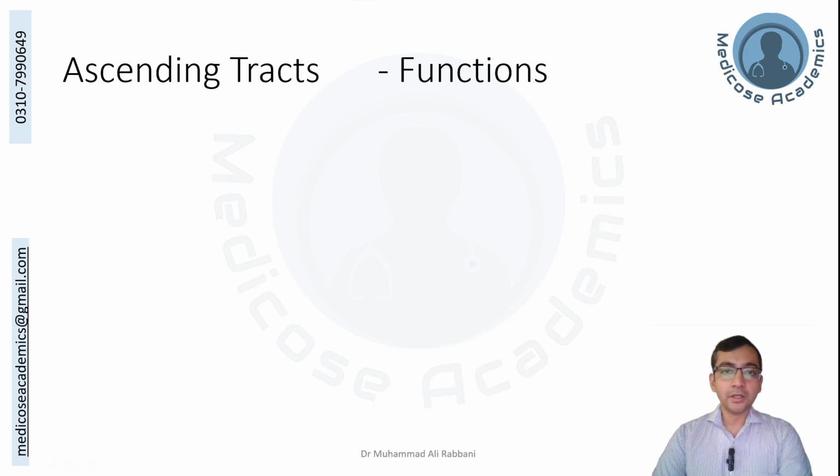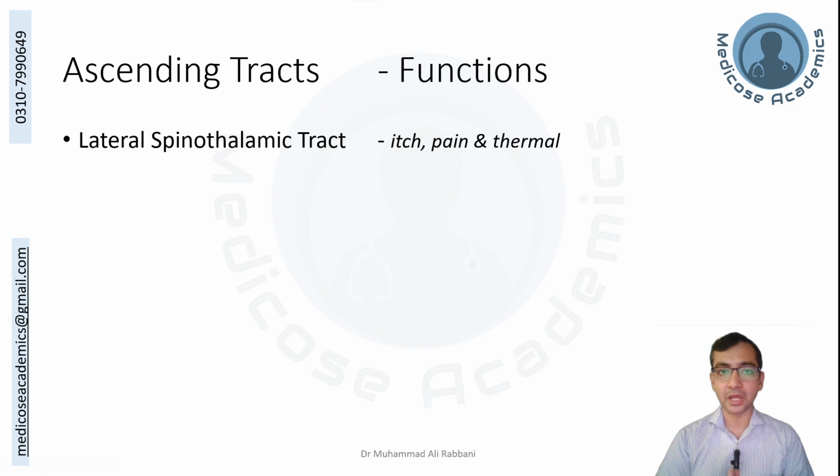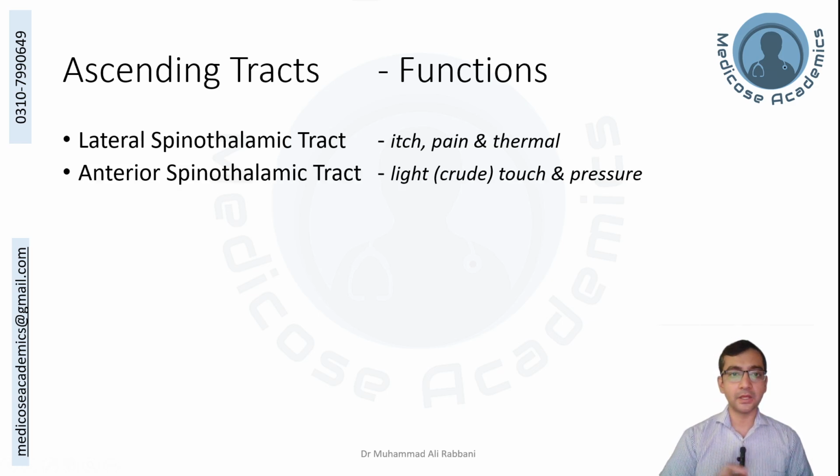So, ascending tracts. What are the different ascending tracts that are present and what are their functions? This piece of information is very crucial for you for practical purposes and from your examination point of view. The lateral spinothalamic tract receives and takes up the sensation of itch, pain, and heat and cold.